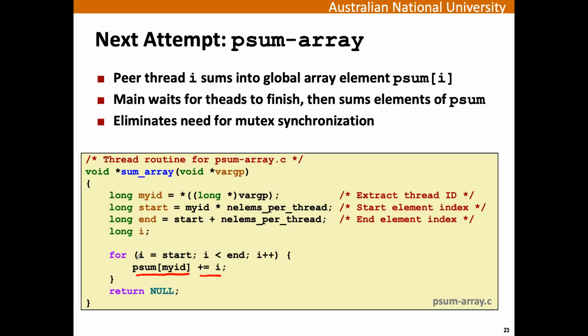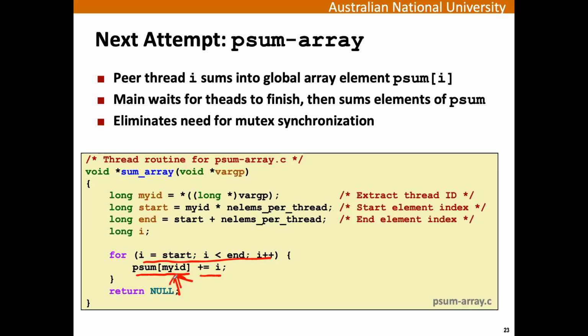Depending on how many threads we have, each thread gets to write at a specific location, and the index depends upon the thread's ID. So now each thread does the sum and writes its sum to a specific location in the sum array. Now we get rid of the mutex operations, right? Now we don't need any synchronization, because two threads will not write to the same index in the array. So what do we expect now?